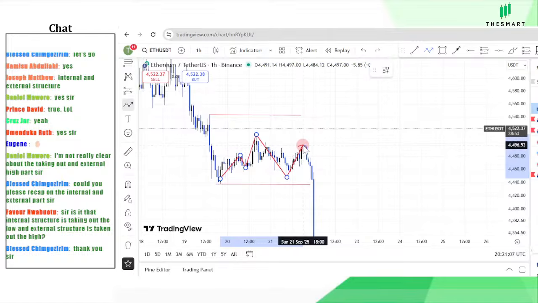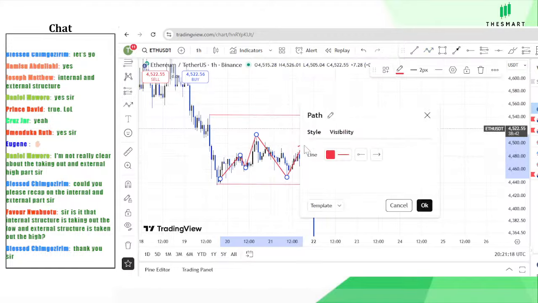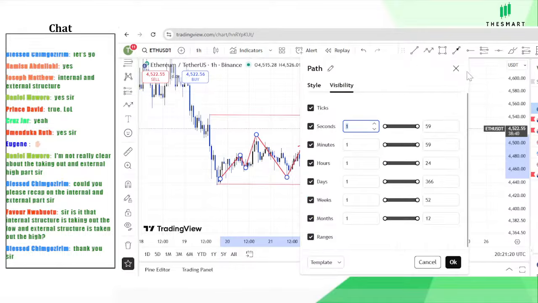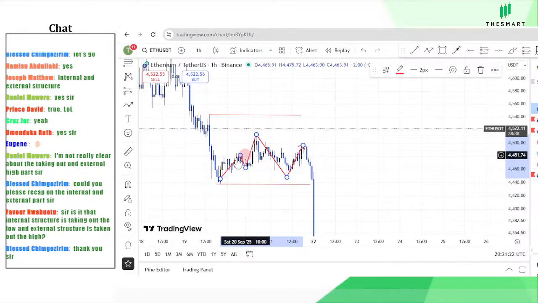All of what was happening within this high and within this low is internal play. The market has not done anything external. The market has not moved differently.